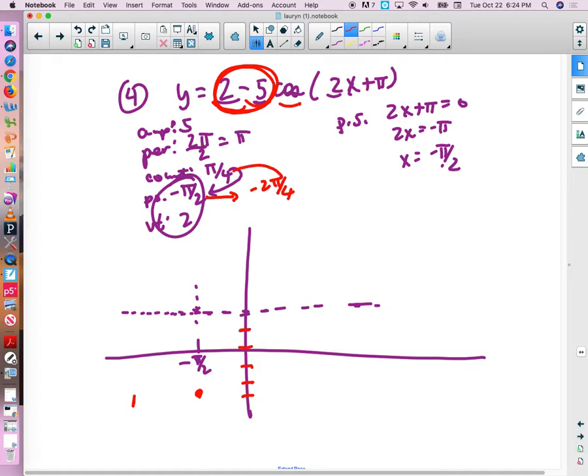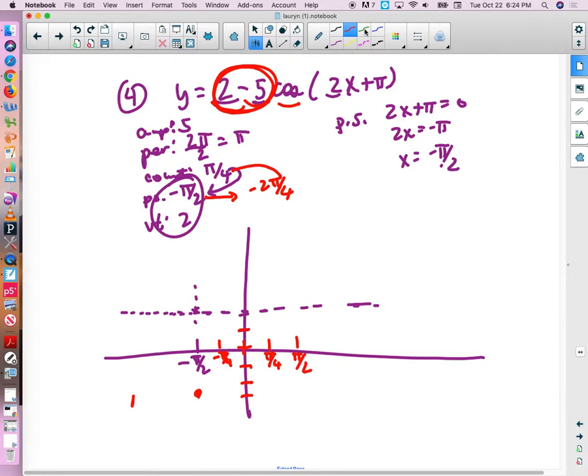If I add pi over 4, I get -pi over 4, 0, pi over 4, 2 pi over 4. You can verify once again that this period is pi over 2 in either direction. So I have low, middle, I go up 1, 2, 3, 4, 5, back down to the middle.